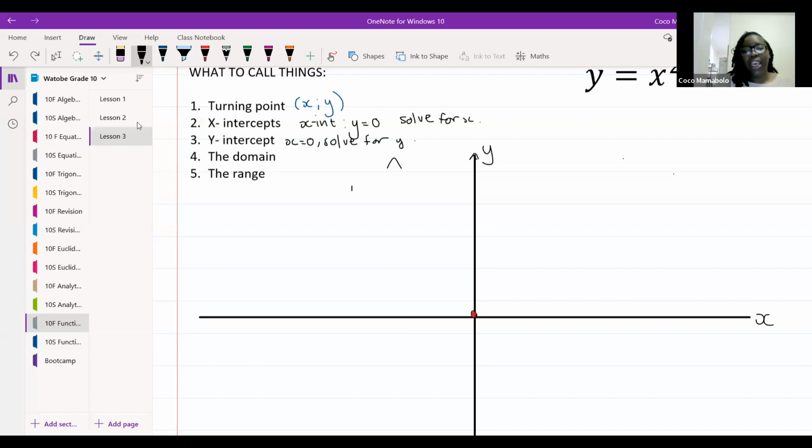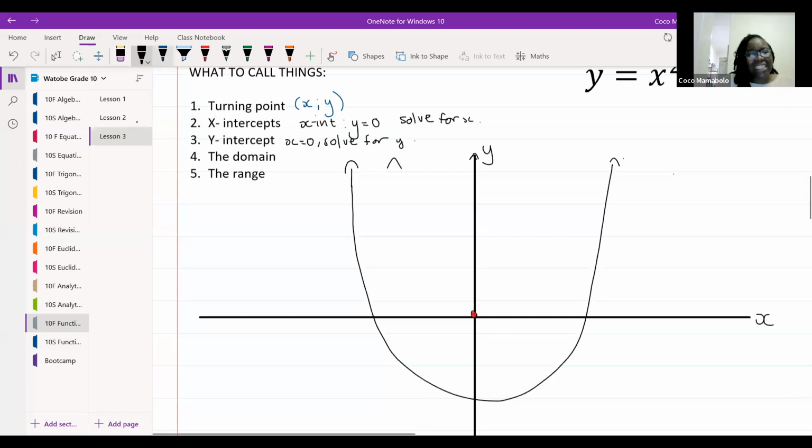What this means is if my graph sits, let's say maybe it sits down there. It's a smiley face parabola, and it sits down there. My x-intercepts are going to be this point here and this point there. These are the points where my y coordinates are going to be 0. So I'm going to have 0 over here and 0 over there. That is my x-intercepts.